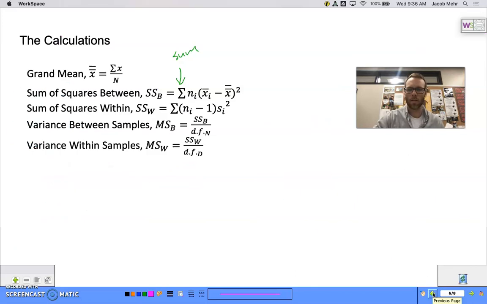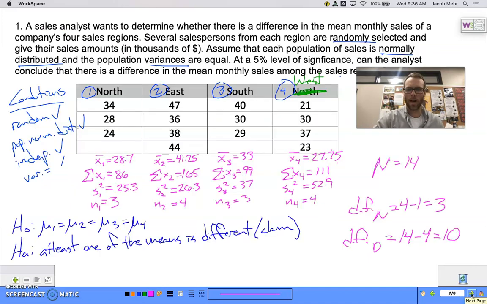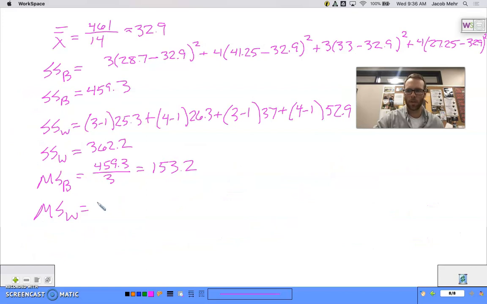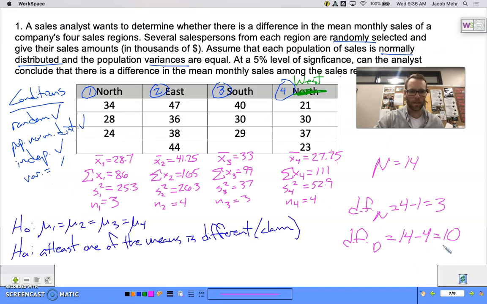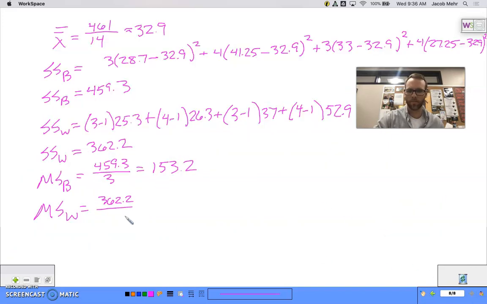All right, mean of the squares within. Mean of the squares within is the sum of the squares within divided by the degrees of freedom of the denominator. That's going to be 362.2 divided by 10. So 36.2. All right. That's kind of intensive for all the calculations, but we're good.